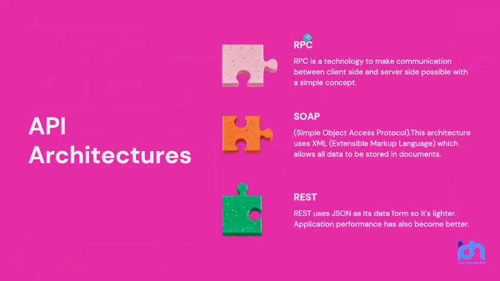API architecture: RPC is a technology to make communication between client-side and server-side possible with a simple concept. This architecture uses XML, which allows all data to be stored in documents. REST uses JSON as its data form, so it's lighter. Application performance has also become better.